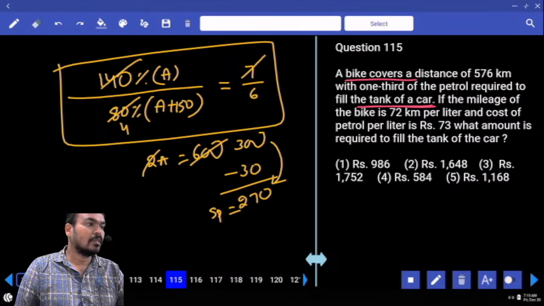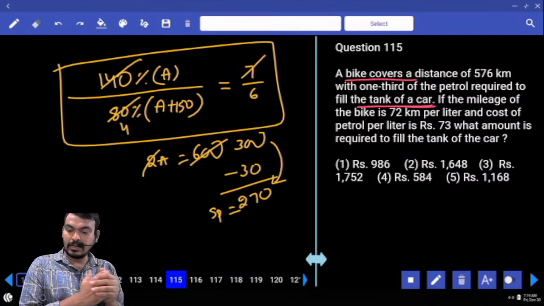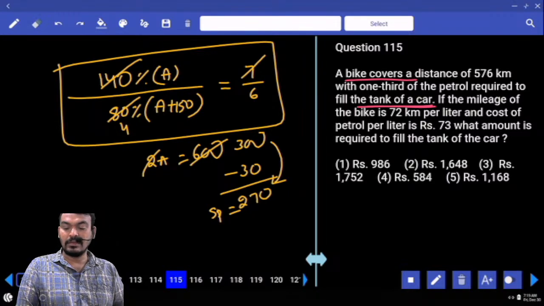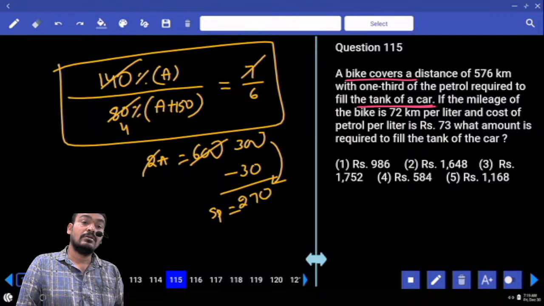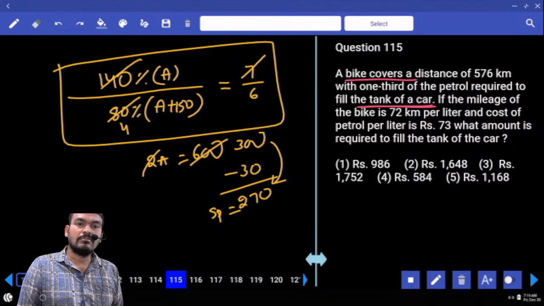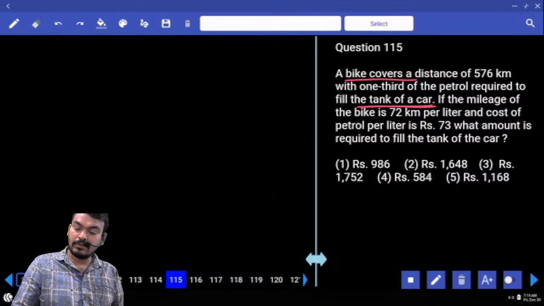Suppose the car uses X liters, then the bike uses one third of X. Suppose the bike uses y liters, then the car will use 3y. The bike is one third of the car consumption.